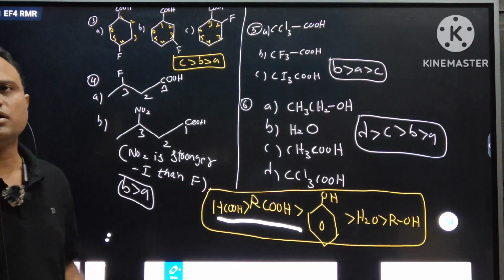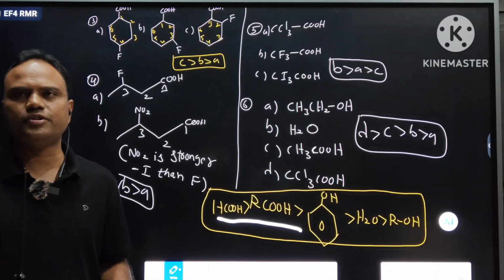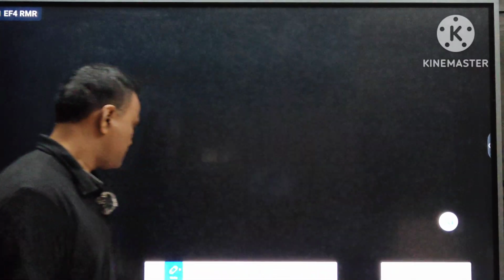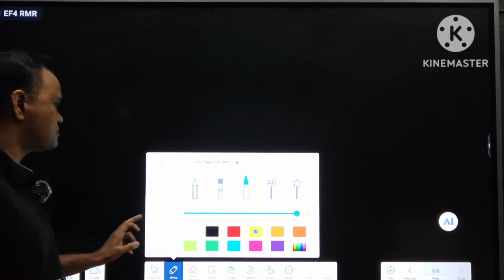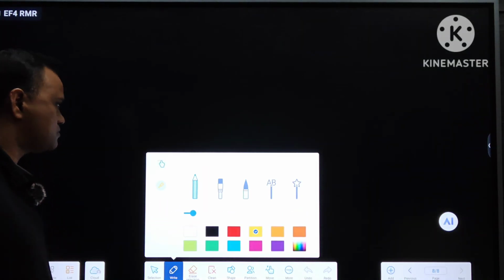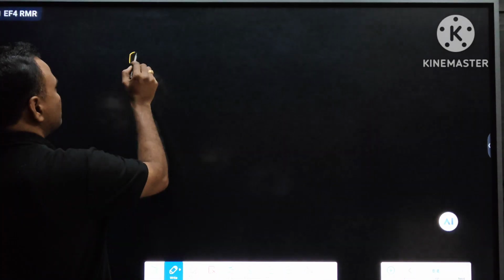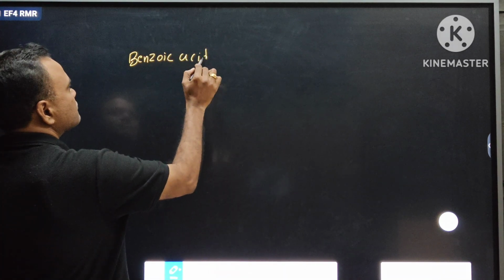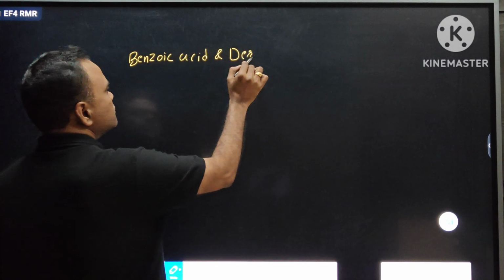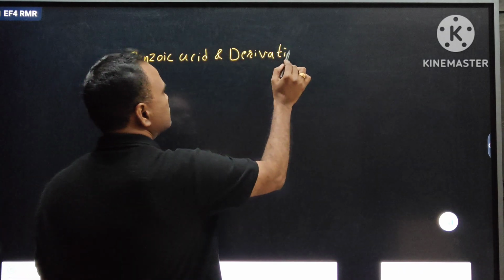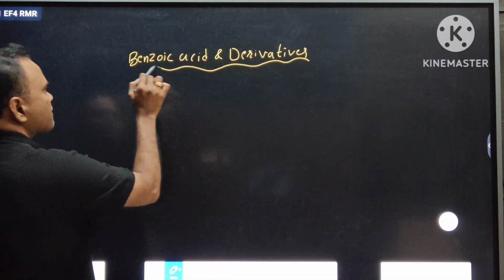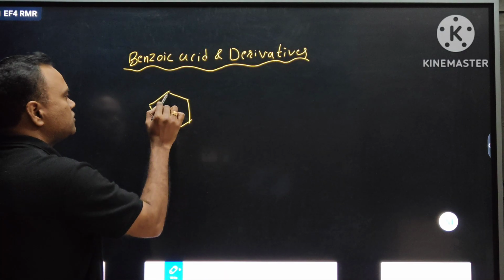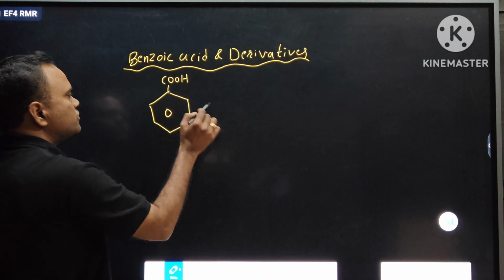Right. Next, let us start benzoic acid and its derivatives' acidic nature. Benzoic acid and derivatives acidic nature. Benzoic acid formula: C6H5COOH.